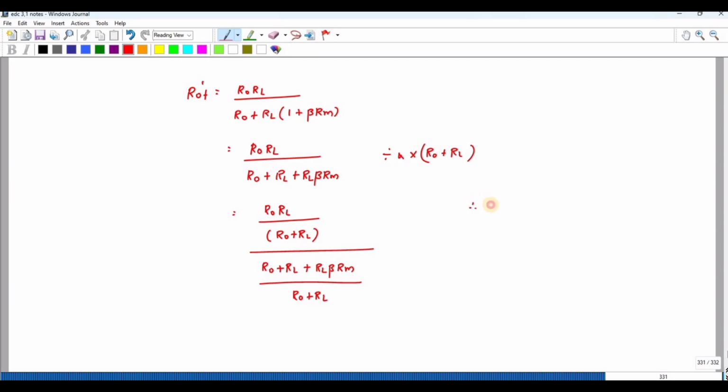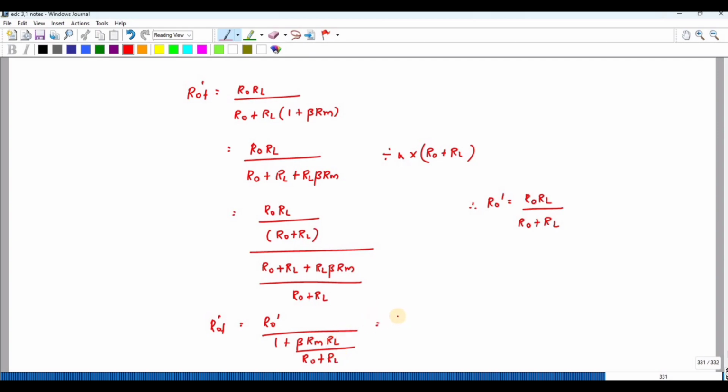So I can take R naught bar is equal to R naught RL divided by R naught plus RL. So I can write this is R naught bar, and this is 1 plus beta Rm RL divided by R naught plus RL.